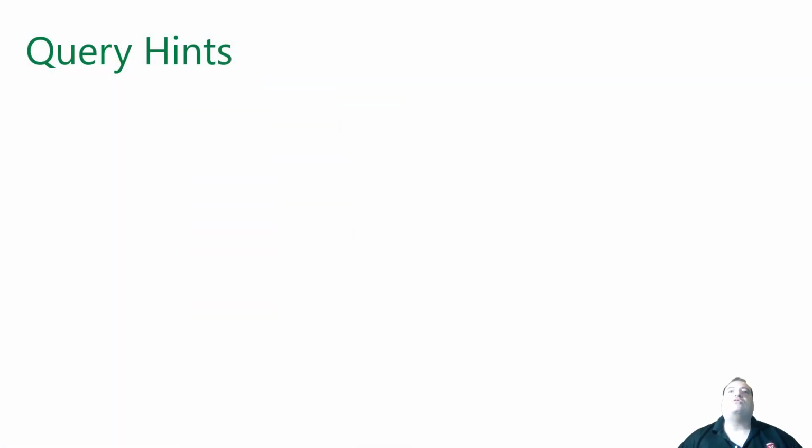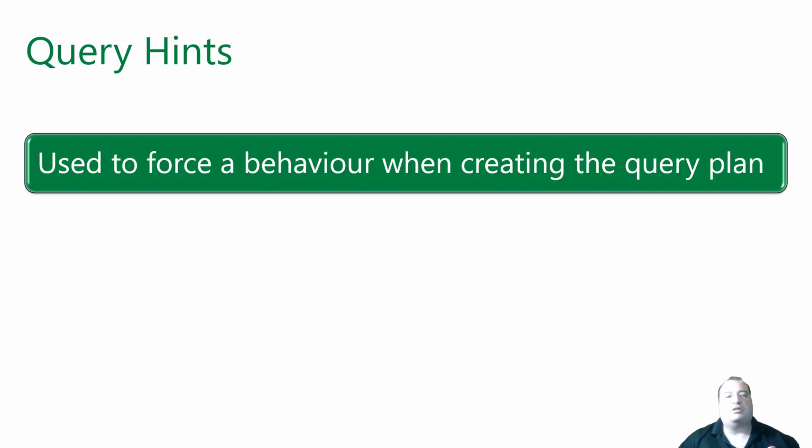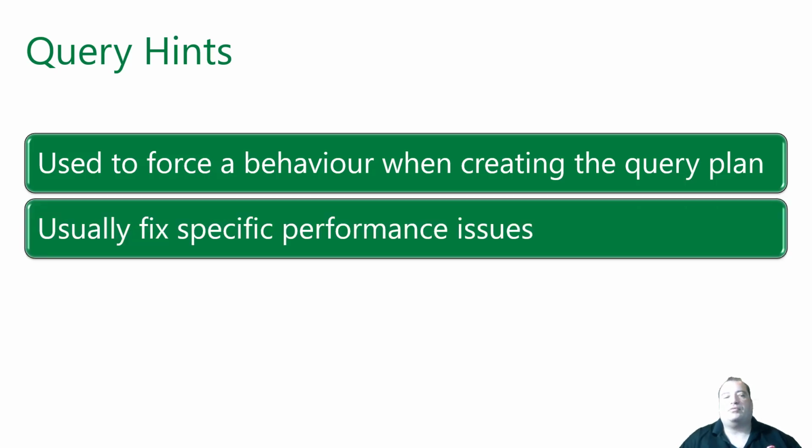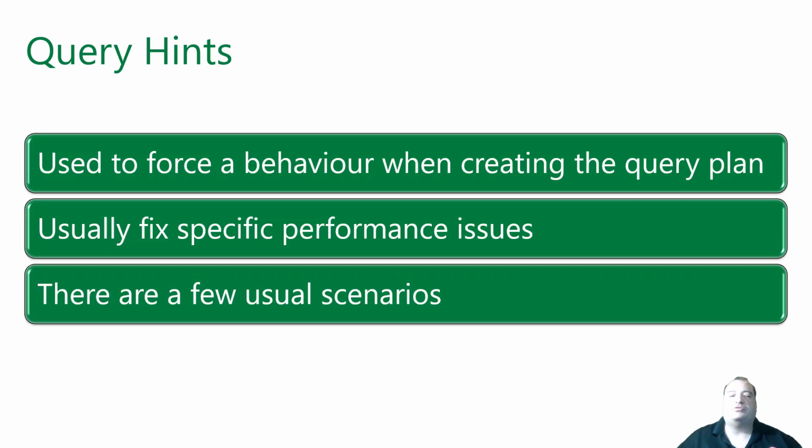Before talking about query store hints, let's talk about query hints in general. They are used to force behavior when creating the query plan. The OPTION RECOMPILE is an example. They force one specific behavior, usually to fix specific performance issues.